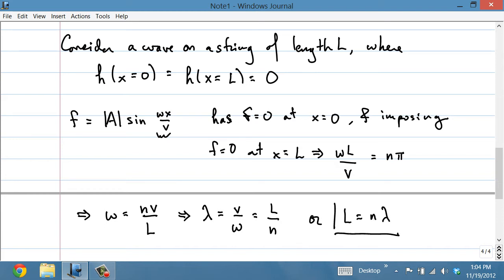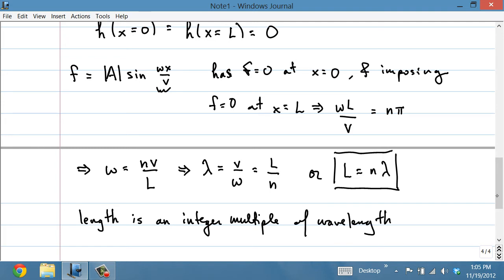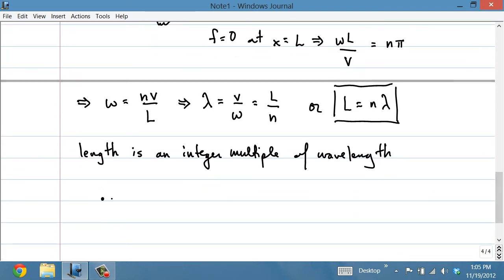So the rule that one uses for describing the discretization of the solutions to a wave equation for a wave on a string is the statement that the length of the string is an integer multiple of the wavelength. So that you have this picture.